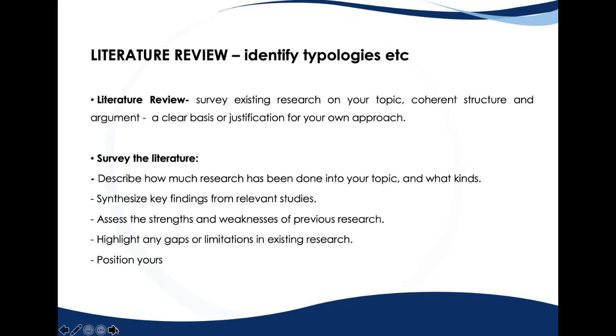Once you make a decision about which of these typologies fit you, then you are in a position to develop a kind of structure for your literature review. Basically, a literature review begins by you identifying the fact that your chapter 2 is going to be a literature review.